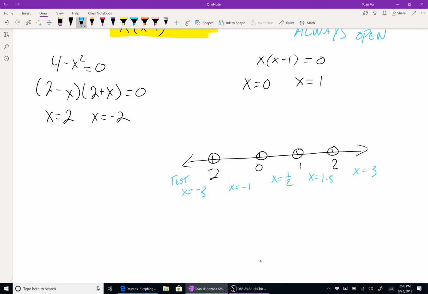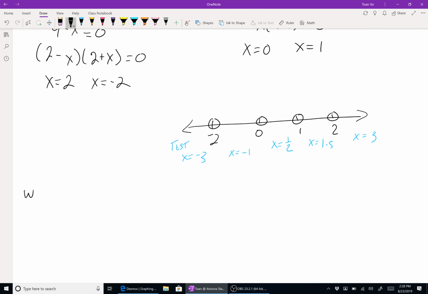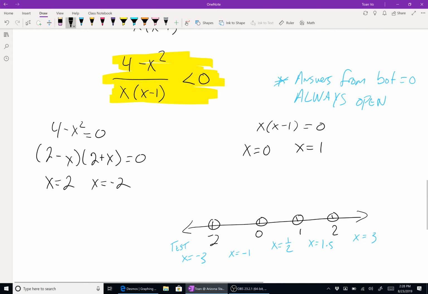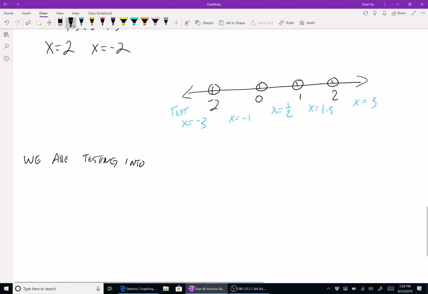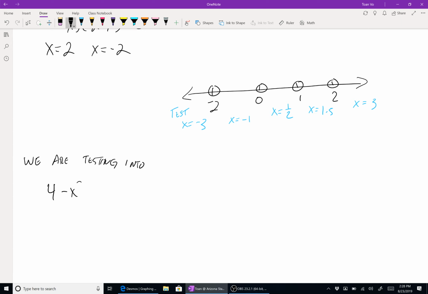And then 3. What am I testing into? We are testing into the saved inequality, 4 minus x squared over x minus 1.